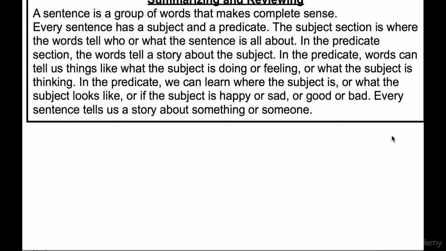In the predicate, words can tell us things like what the subject is doing or feeling, or what the subject is thinking. In the predicate, we can learn where the subject is, or what the subject looks like, or if the subject is happy, or sad, or good, or bad. Every sentence tells us a story about something or someone.